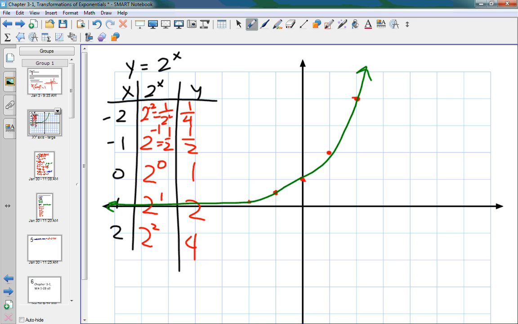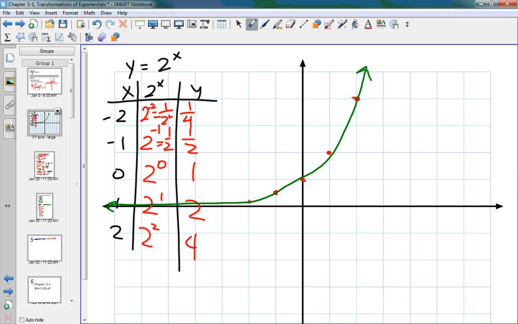Now, what I want you guys to observe here is what do you notice about this graph of y equals 2 to the x? It gets really close to what value? 0. It gets really close to the x-axis, doesn't it? Does it ever touch the x-axis? No. If it doesn't touch the x-axis, what is that?